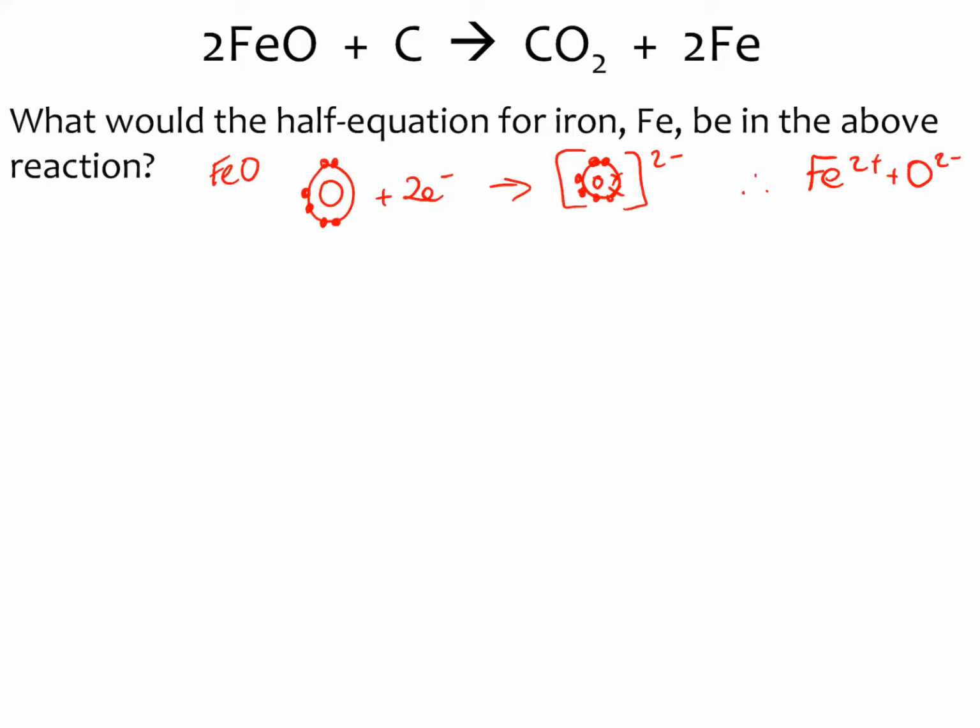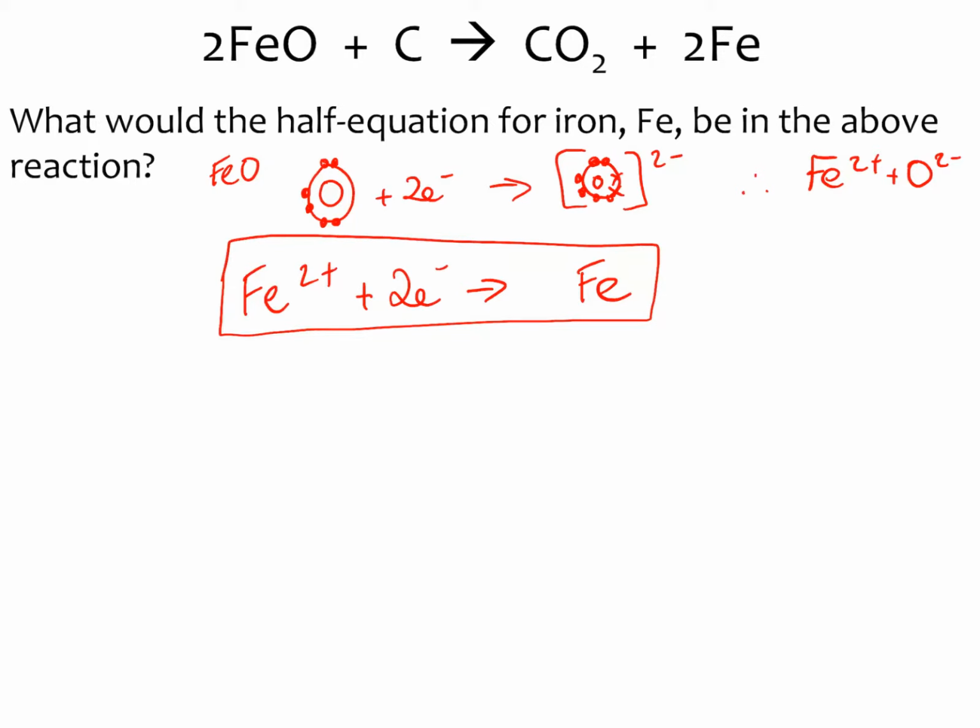The charges would cancel, which means that our iron half equation would be Fe2+ forming Fe, and we put 2 electrons in the centre just here, and that would be the half equation present in the full balanced equation.